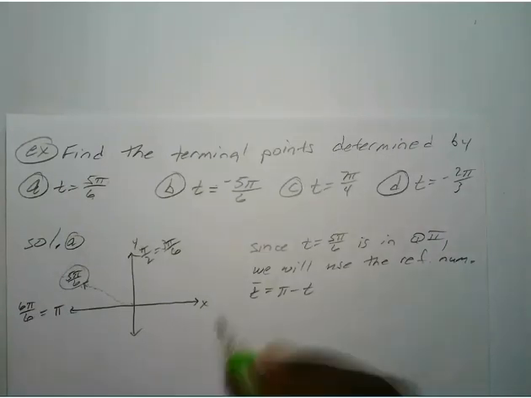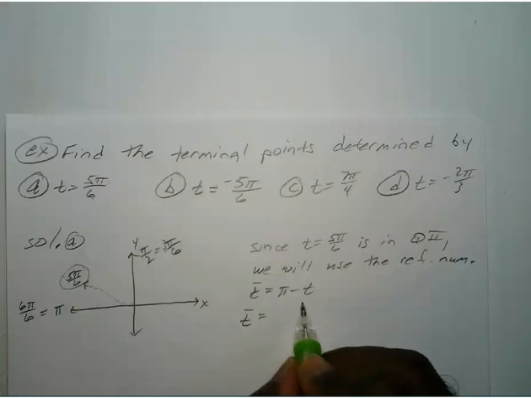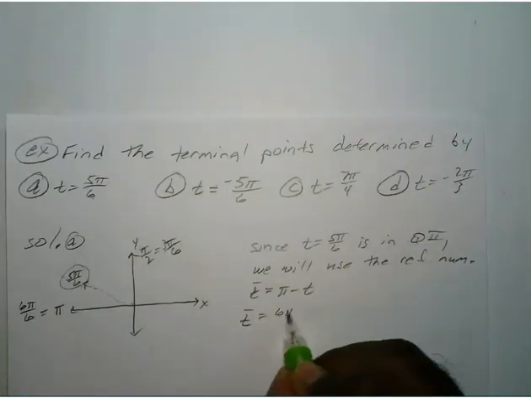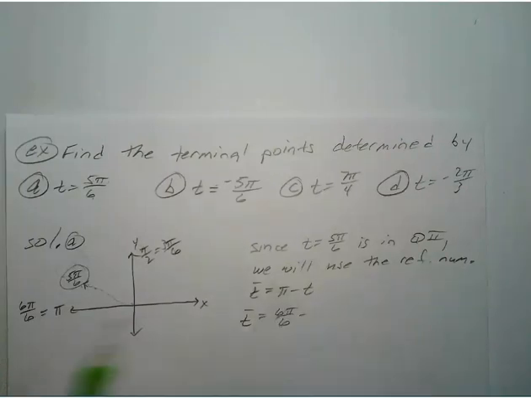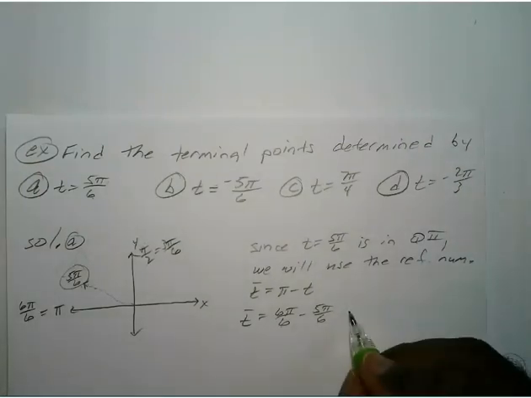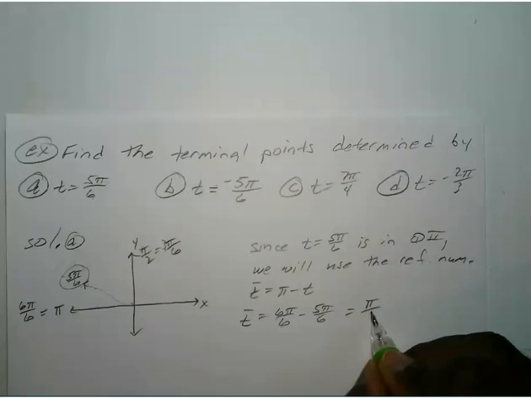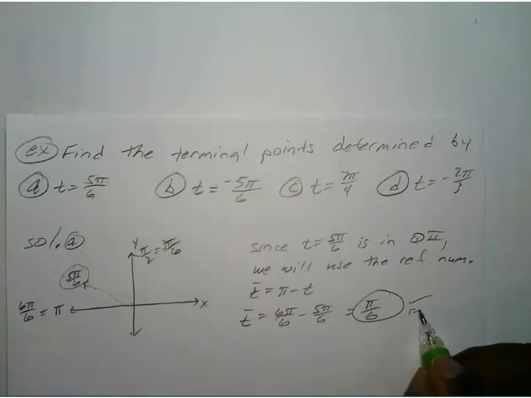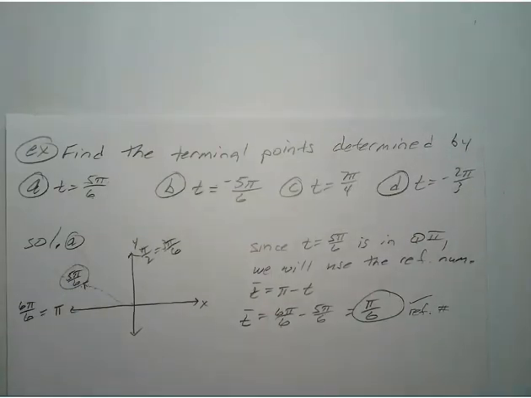Okay, so if we want to go ahead and calculate it, remember your denominator is 6, so we'll make that 6π over 6 minus your terminal point, which is 5π over 6. 6π minus 5π is 1π, or just π over 6. And that is your reference number.